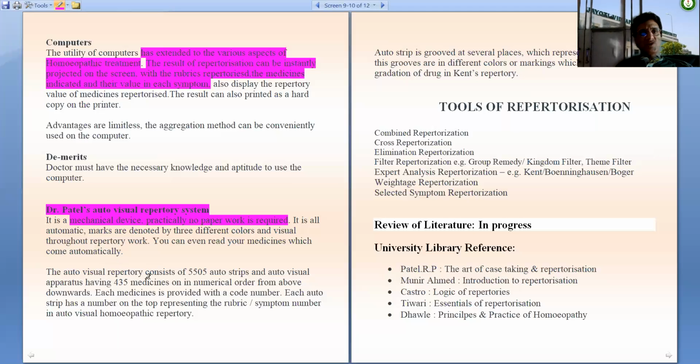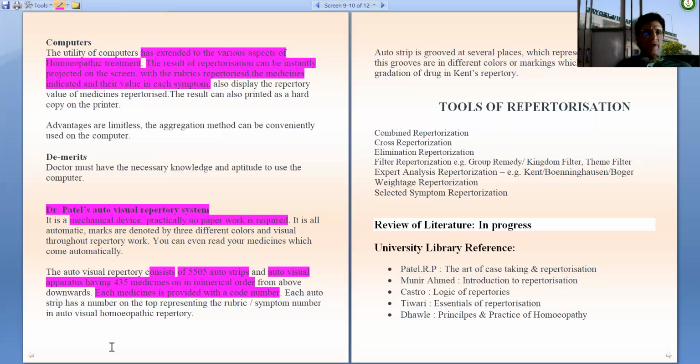This repertory consists of 5,505 auto strips. And this auto-visual apparatus is having 435 medicines in numerical order from above downwards. Each medicine is provided with a code number.